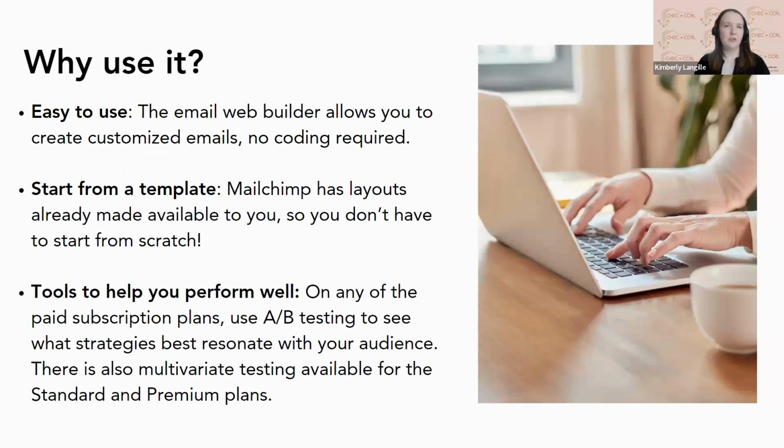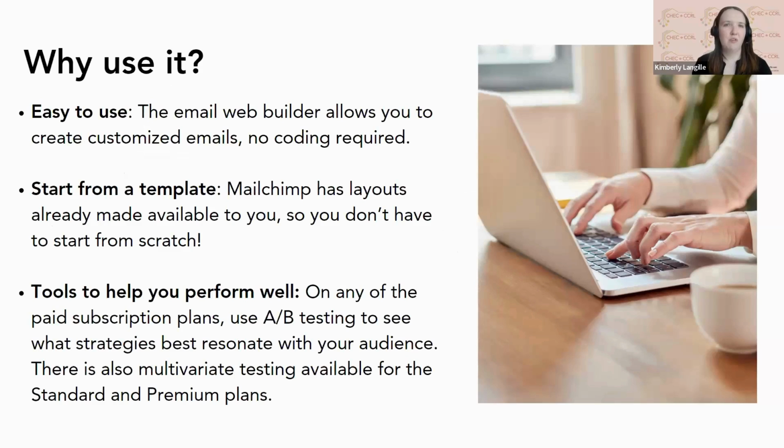So why do we use Mailchimp? First of all, it's one of the easiest email web builders out there because it allows you to create customized emails where you don't have to have knowledge, say, in HTML or other coding languages.